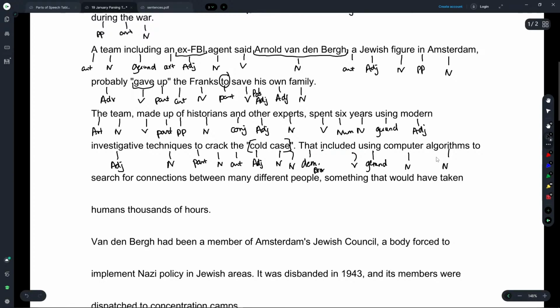So this is a pronoun, a demonstrative pronoun that included verb using gerund, computer, noun, algorithms, noun, to, particle, search, verb, for, preposition, connections, noun, between, preposition, many, quantifier, different, adjective, people, noun. Something, a pronoun, and we would say this is one of our indefinite pronouns.